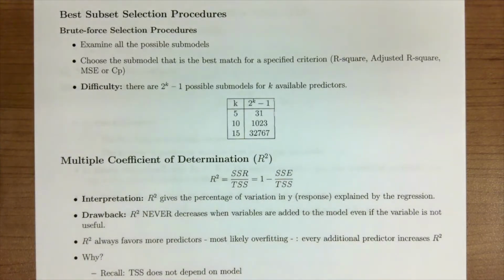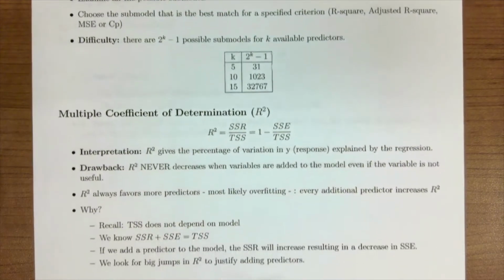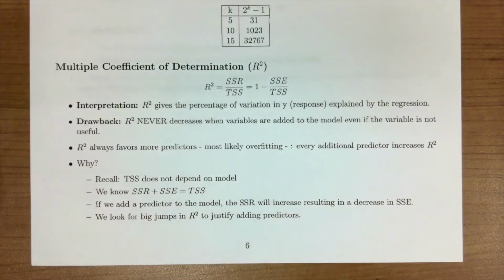So let's look at our first statistic of today, which is the multiple coefficient of determination, or R squared. We've looked at this before. Recall that how we interpret it is that R squared gives the percent of variation in our response that is explained by our regression.